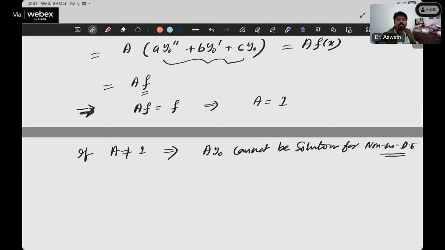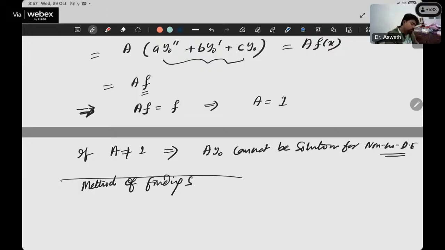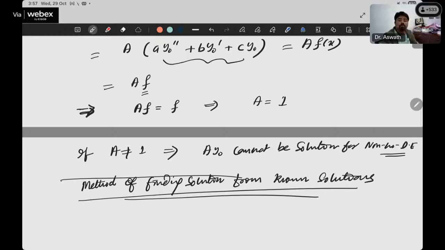There is something called the method of finding solutions from known solutions. You can't find the new solution straight away. If there are already two solutions existing, in that case you can easily find a new solution.